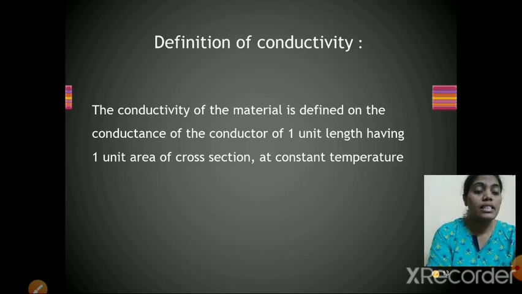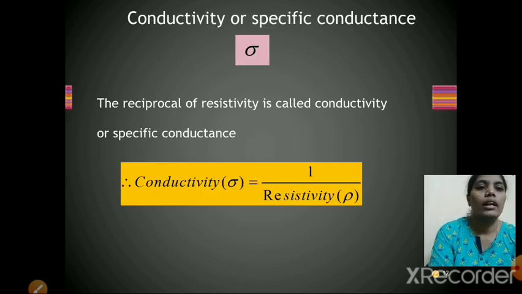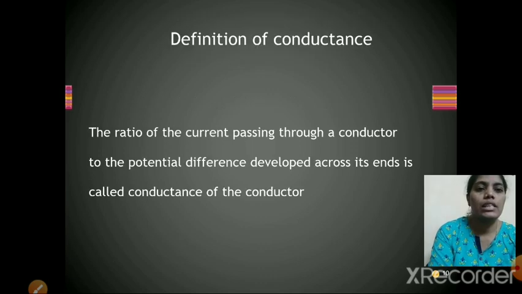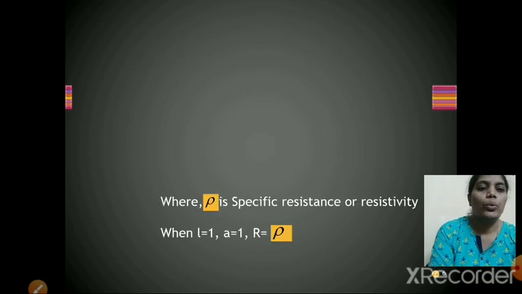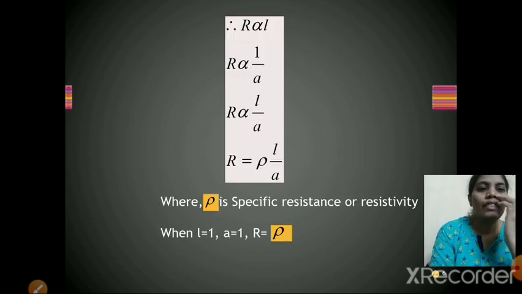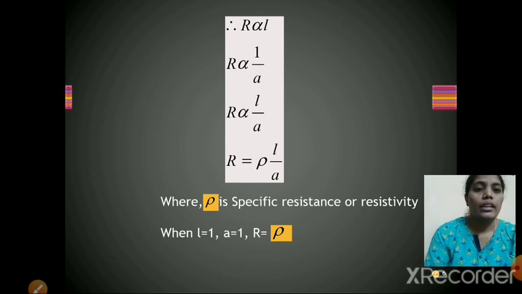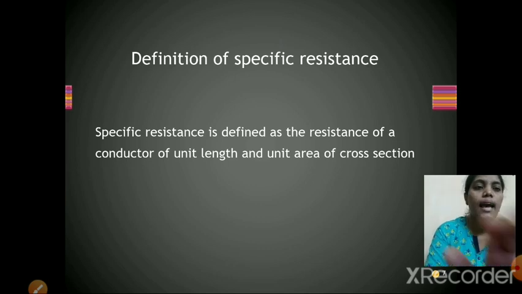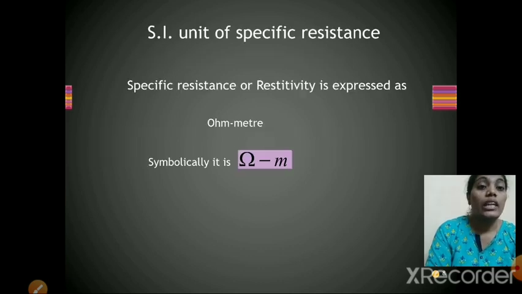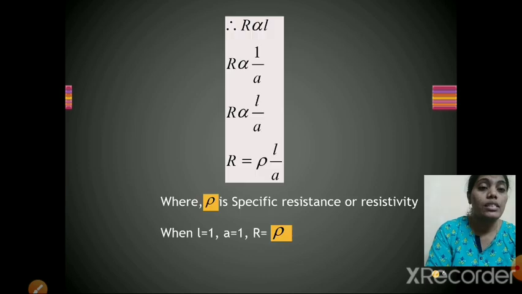The dependence is R is directly proportional to L and R is inversely proportional to A. Combining these two, we got an expression for specific resistance as R equals rho into L by A. If L and A are equal to 1, then rho is equal to R. Depending upon this, we define specific resistance as the resistance of a conductor of unit length and unit area of cross section.